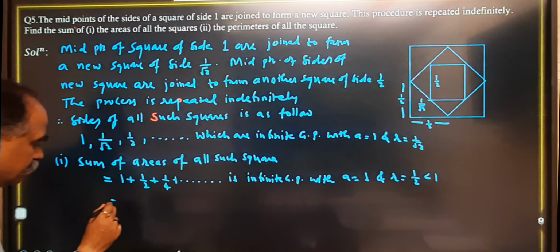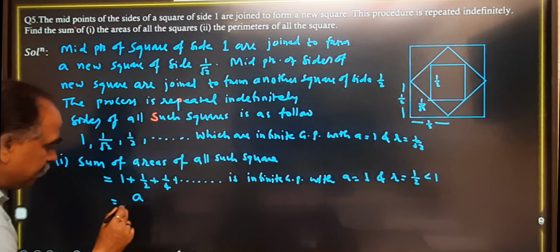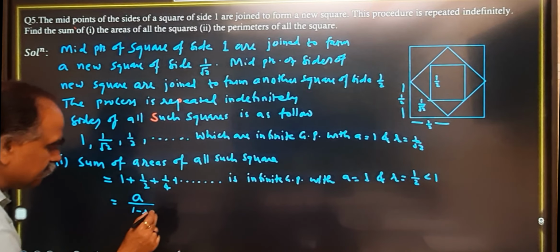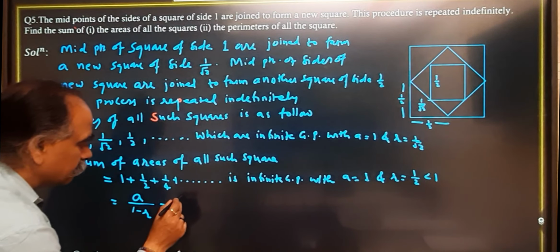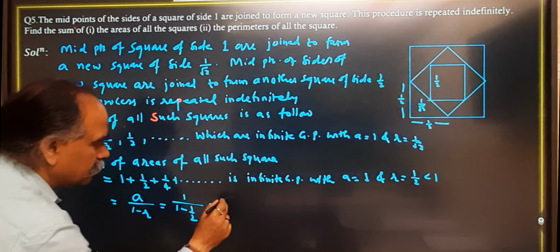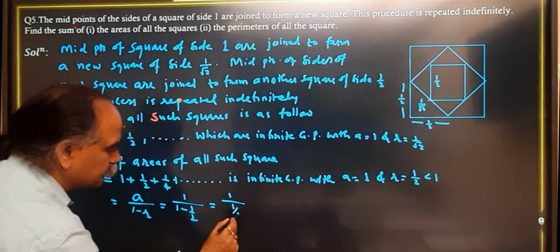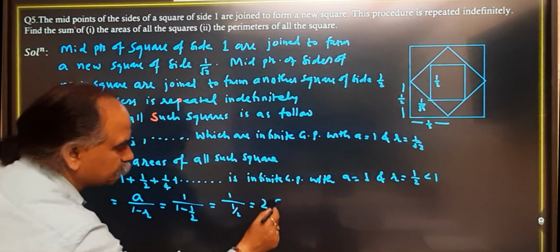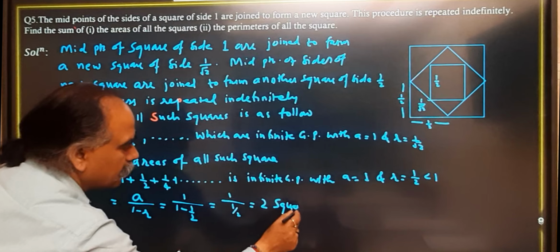So sum of this is what? A upon 1 minus R is equal to 1 upon 1 minus 1 by 2, 1 upon 1 by 2 is equal to 2 square unit.